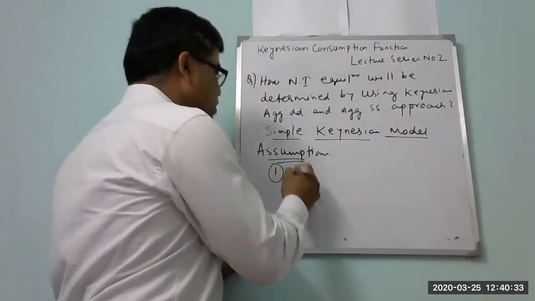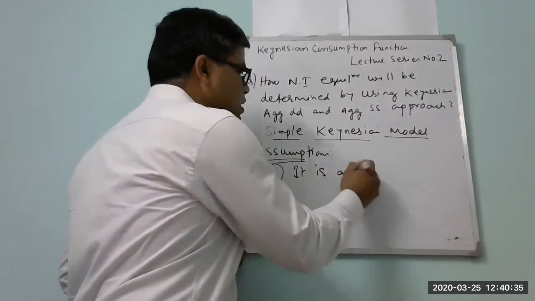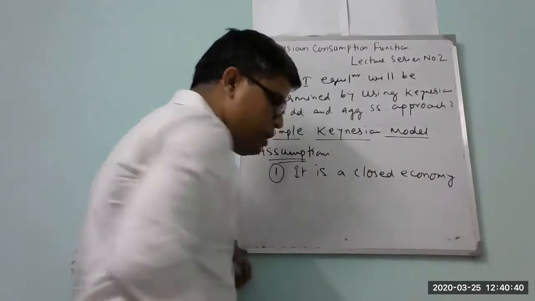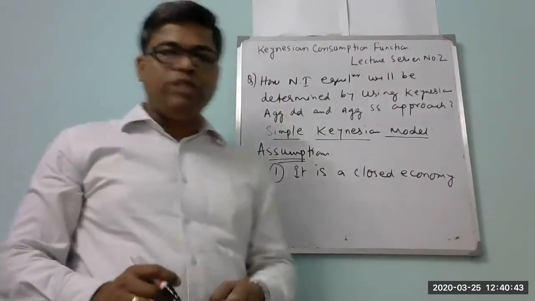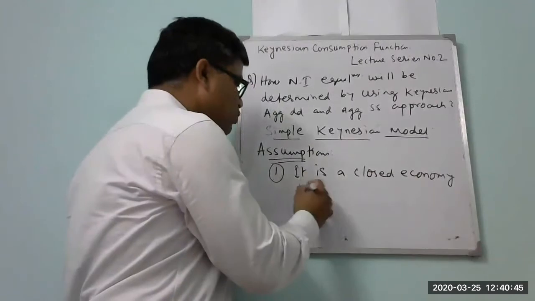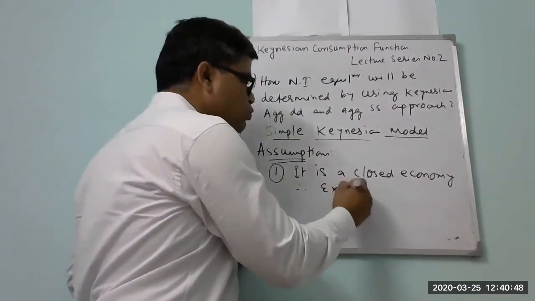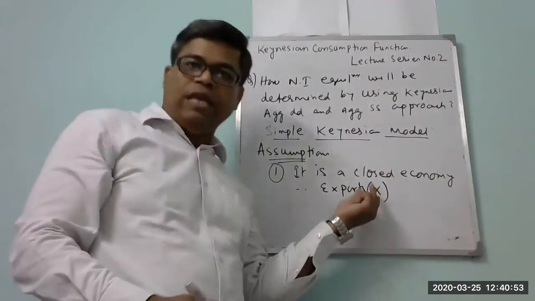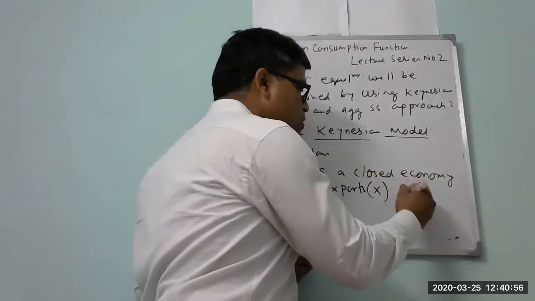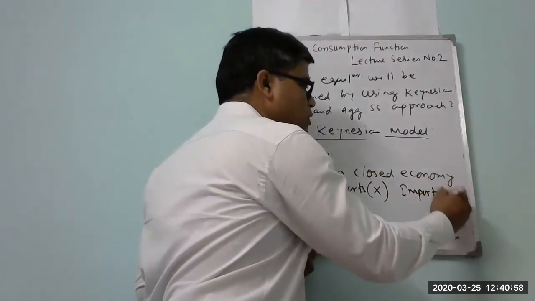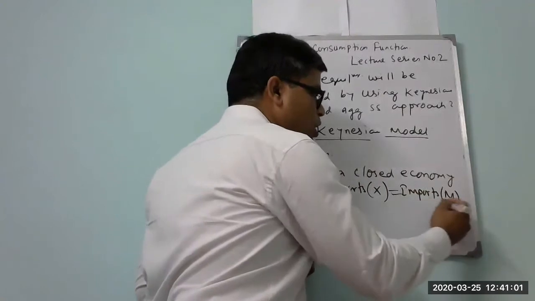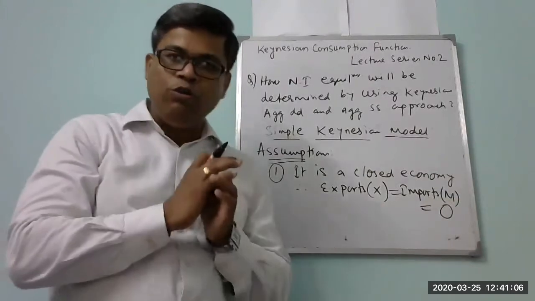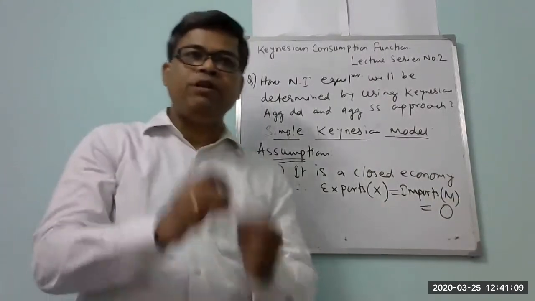Therefore, exports, which we denote by the notation X, and imports, which we denote by N, are all zero. Since it is a closed economy, there are no exports and no imports. This is assumption number one.